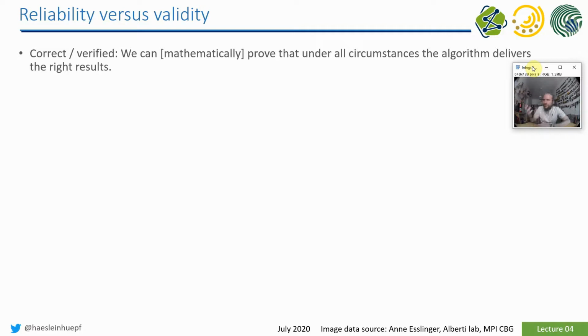If you, for example, have a mathematical notation of the algorithm, then you can make a mathematical, a logical proof: under these conditions, these are the results, and the results are correct because of an argument list you can provide. So this is in pure mathematics, in logic, you can do this.